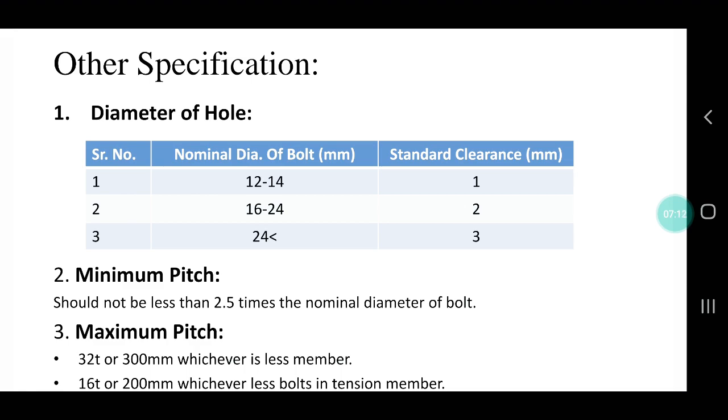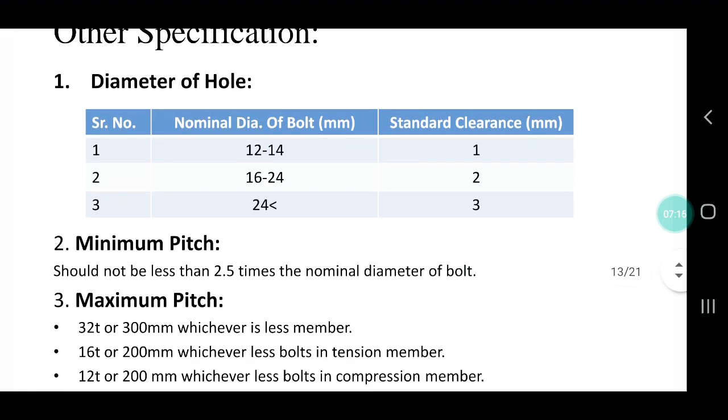I have to mention here that when we do the design, the nominal diameter of bolt is indicated by small d, and the diameter of hole will be indicated by D0. Next, if the diameter of bolt is greater than 24, in such a situation the standard clearance is 3 mm. Like if the diameter of a bolt is 27, the diameter of hole will be 30 mm.